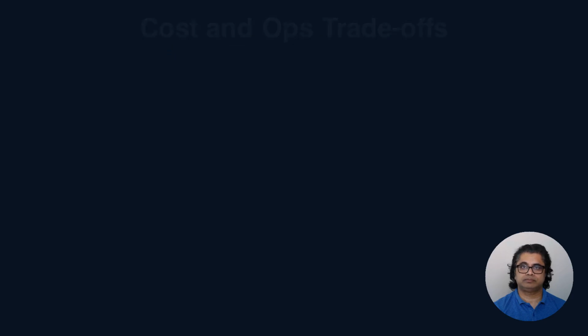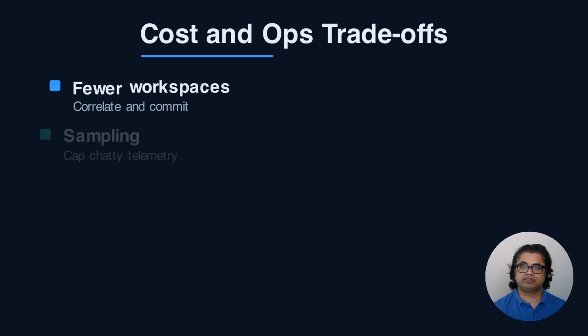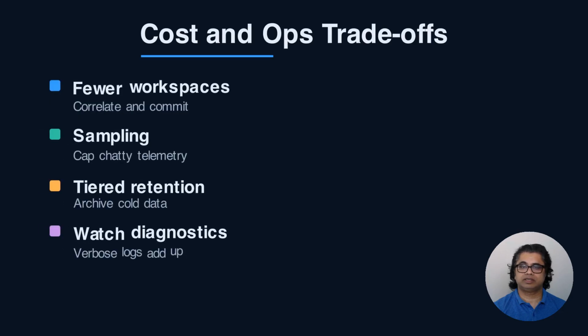Operationally, the big lever is data volume, because both Application Insights and Log Analytics bill primarily per gigabyte ingested. A few practical moves: consolidate into a small number of workspaces rather than one per resource, so you can correlate and negotiate commitment tiers. Use sampling in Application Insights to cap telemetry from chatty apps.